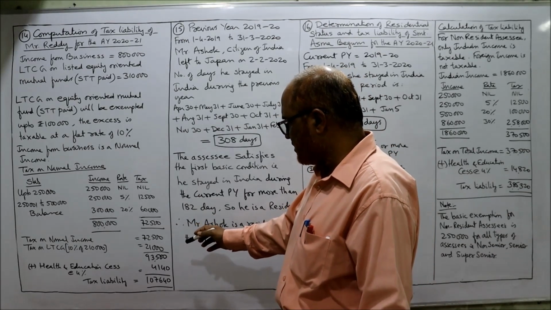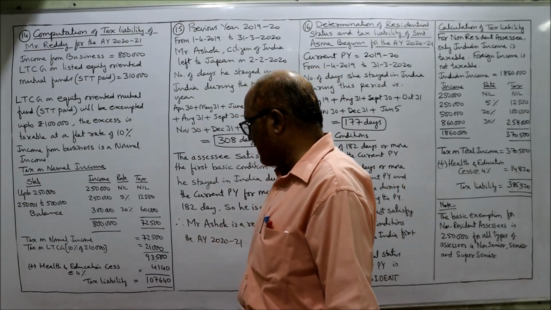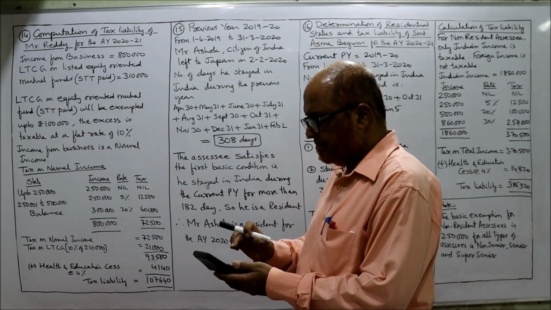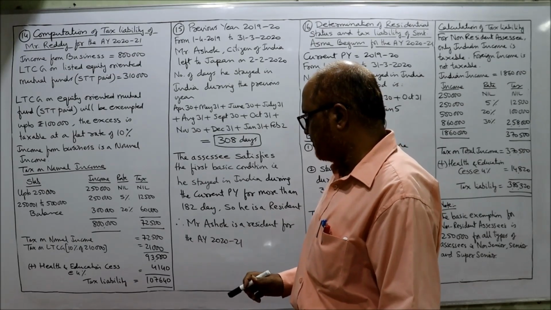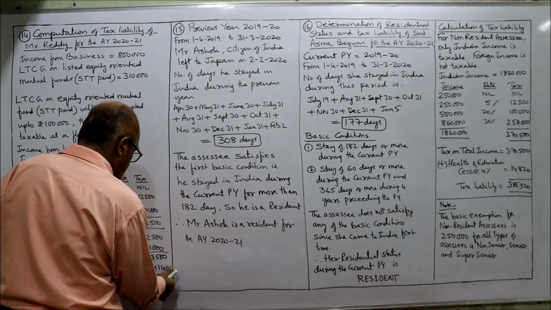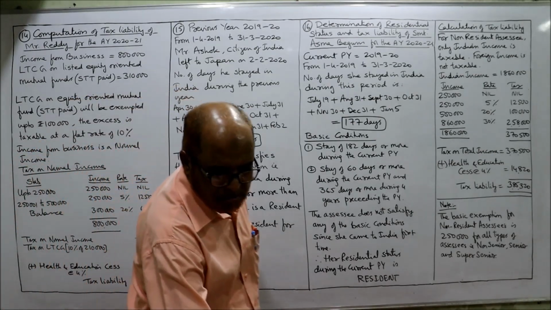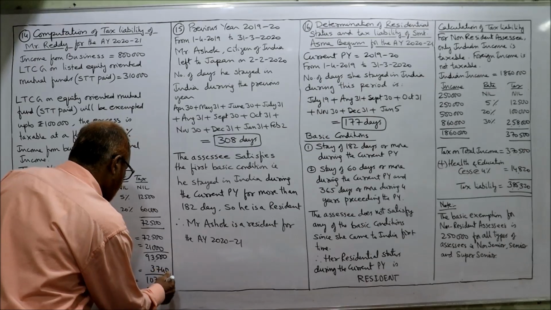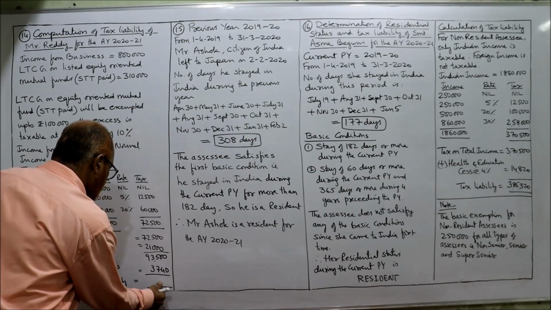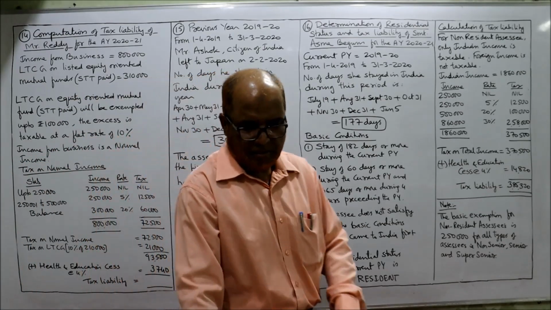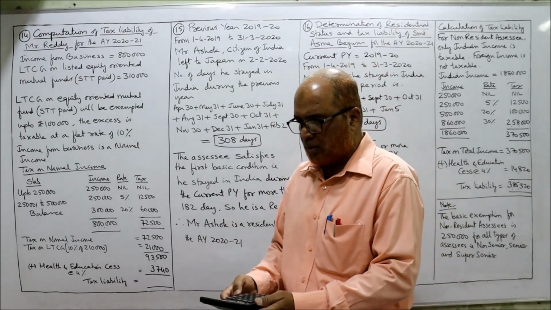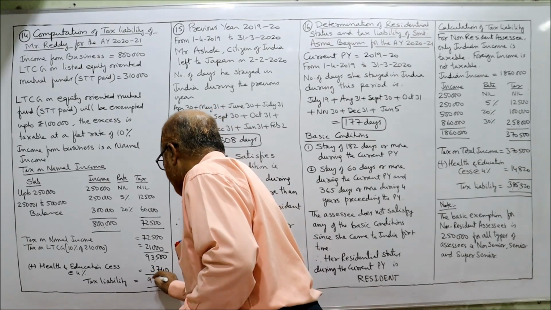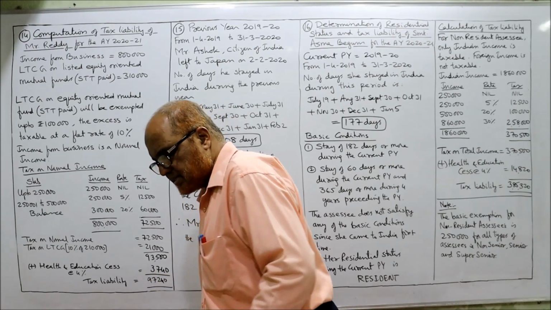Then 93,500 into 4% is 3,740. Now add up 3,740, and it is equal to 97,240. This is the tax liability.